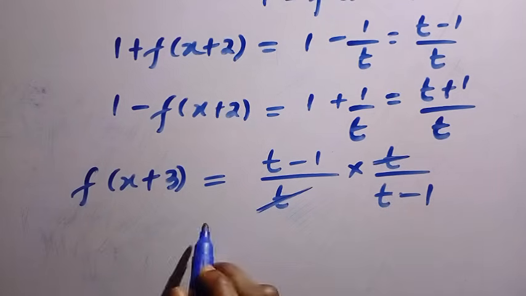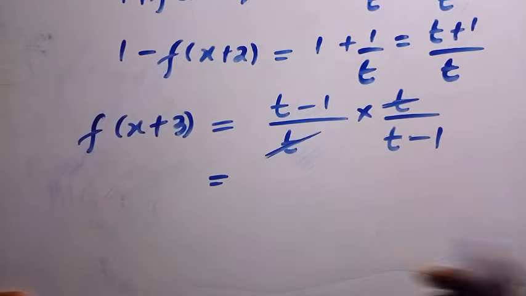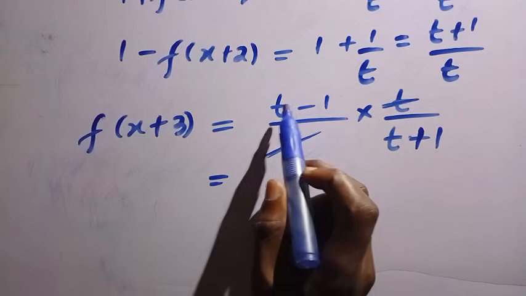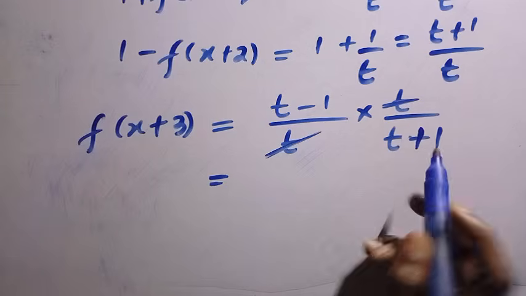This cancels this, and we have (t - 1)/(t + 1).